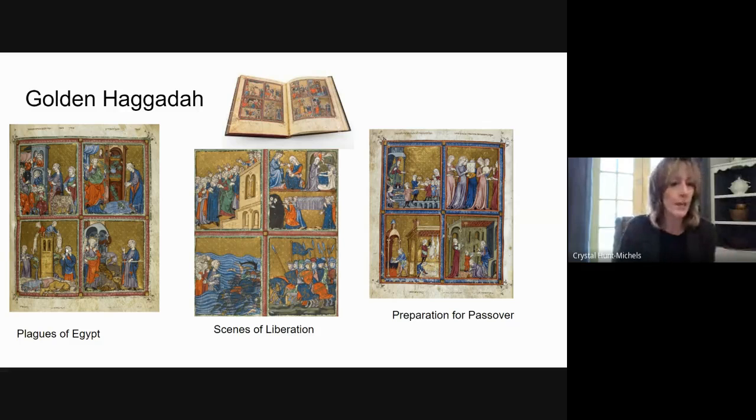So on the plagues of Egypt, these are the different types of plagues that were dealt with. Up here on the upper right, this is the plague of frogs that's initiated here by Moses. And I do have a close-up of this on the next slide that we'll look at. To the left of it, this is the plague of lice, and we have the Egyptian pharaoh and his entertainers or his musicians that have all been affected and infiltrated with lice.